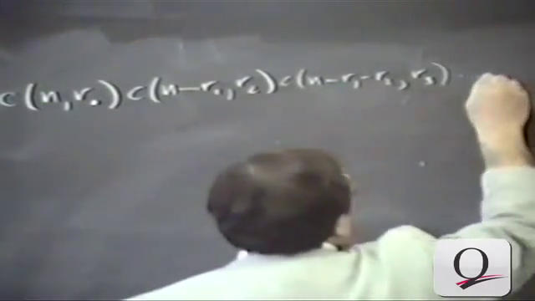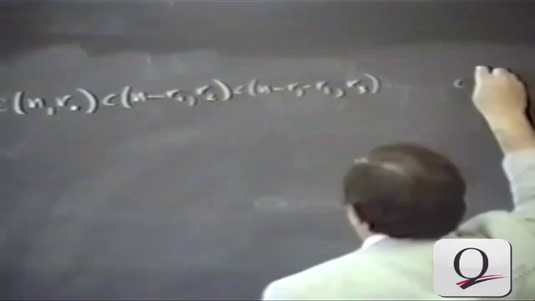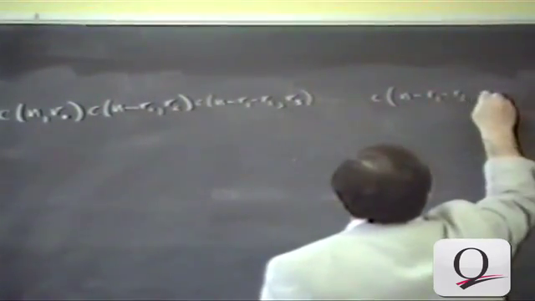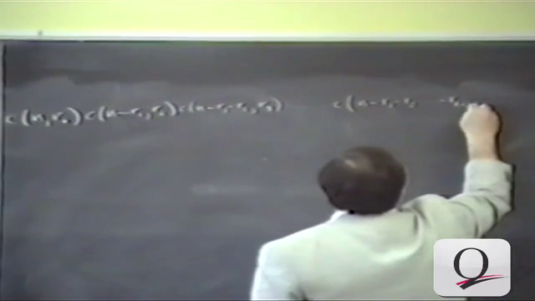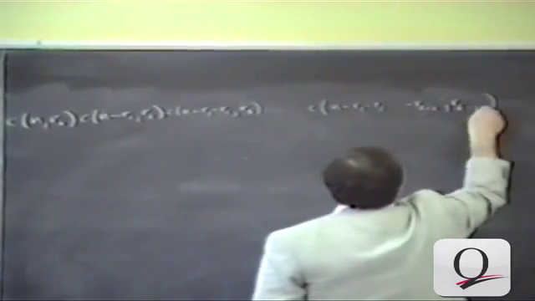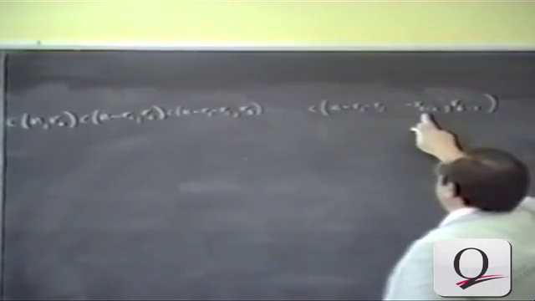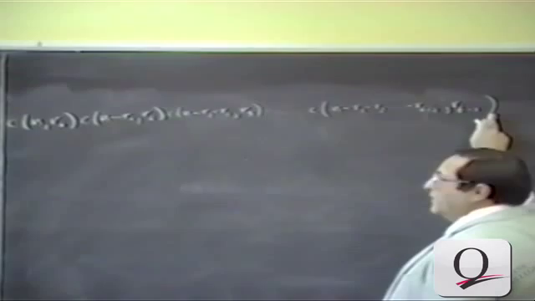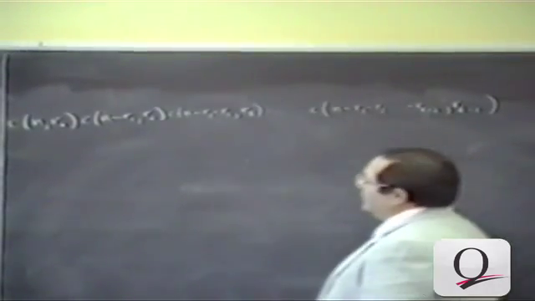And I do this all the way down to here, R sub t minus 1. I don't have to worry about the t-th kind. That's going to be forced. That's how far I have to go.